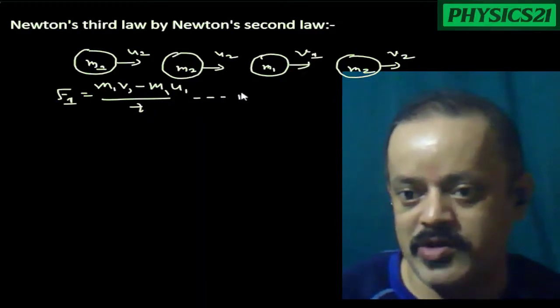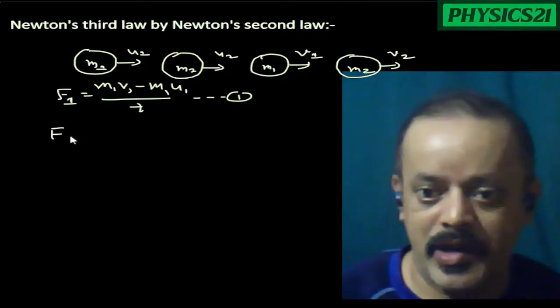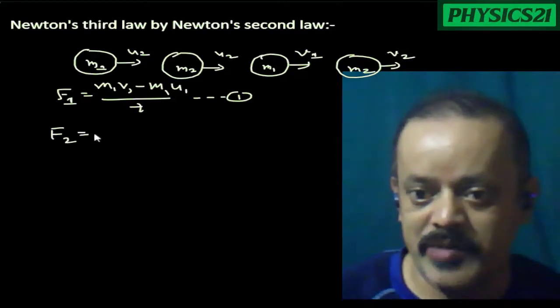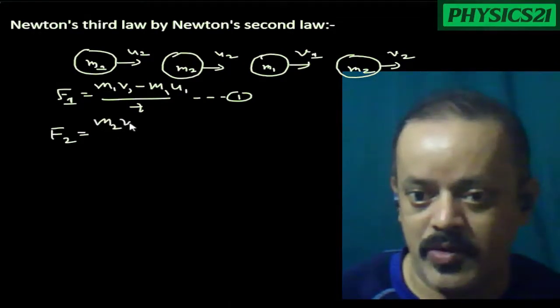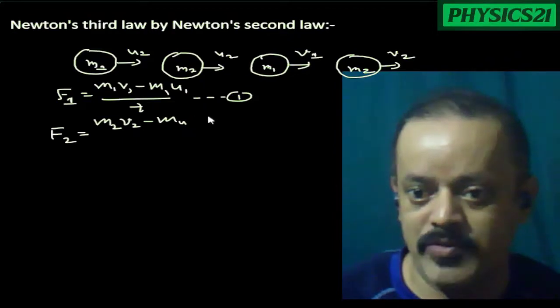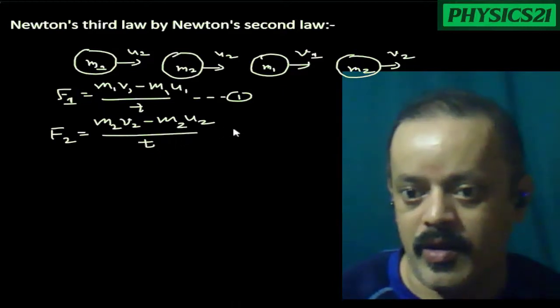This is equation 1. Now F2, the force on the second body, will be equal to the change in linear momentum of the second body. So we will write (m2v2 - m2u2)/t. This is equation 2.